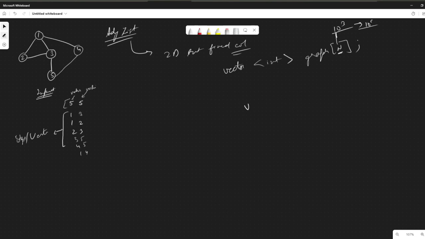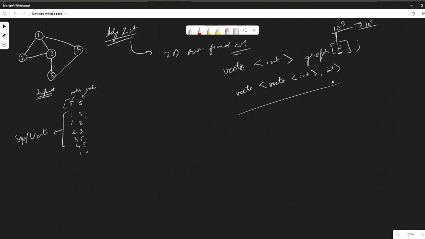Or we can take a vector of vector for making the adjacency list. In this way we can also make an adjacency list.